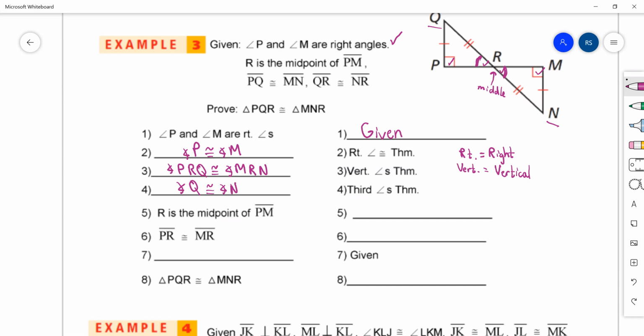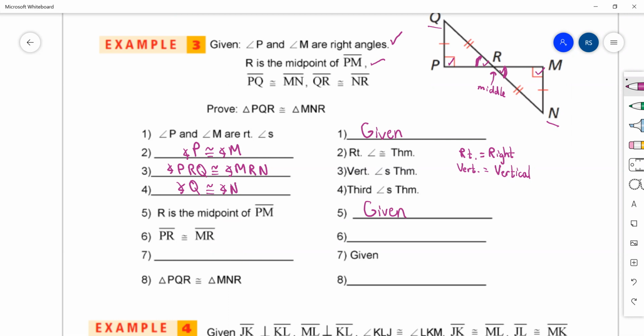Step 5, R is the midpoint of PM. Do we see that anywhere on this page? No, we do. It's given to us. So this is given. So since R is the midpoint, it says, okay, fine.